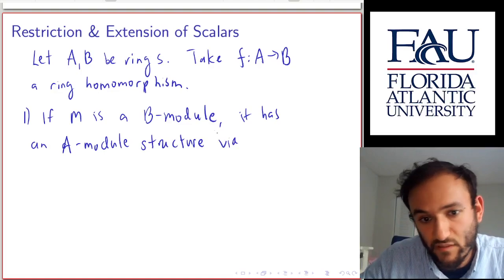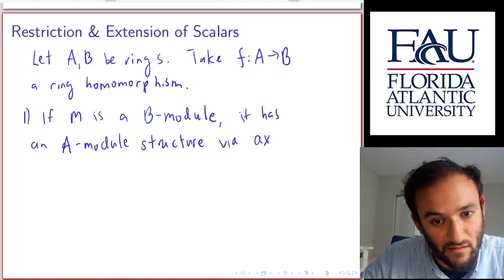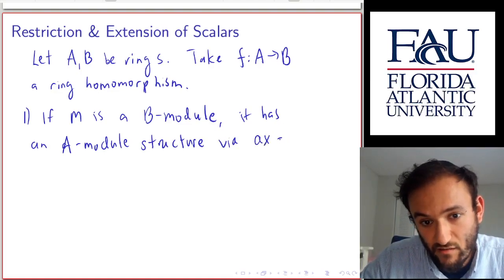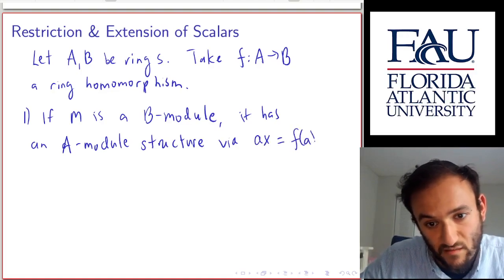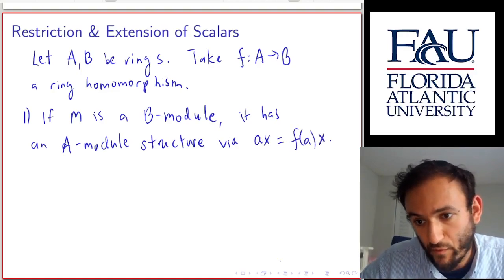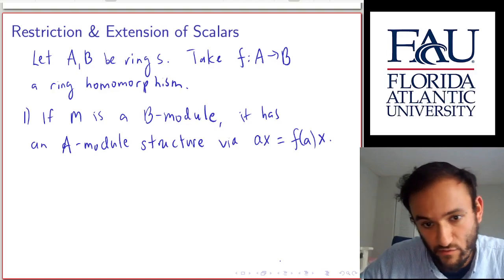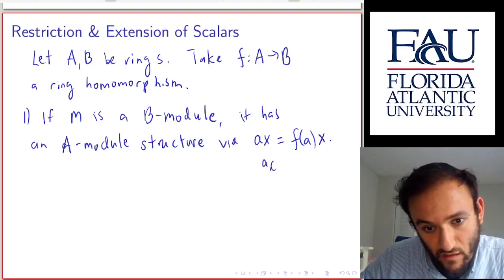And you define the A multiplication simply as B multiplication, but you just pass to B first. Okay, because if, so for a in A and x in M.